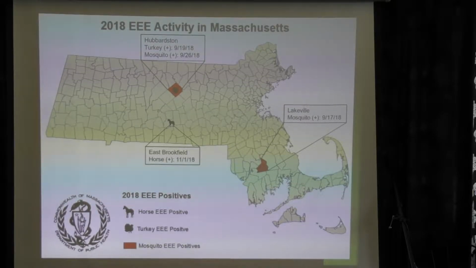That is the last time we did an aerial application of mosquito adulticide to knock them back because we were hitting really high levels of disease. But we really only have these four hits for Triple E: two mosquitoes, a horse in East Brookfield, and then a turkey in Hubbardston, the same place that the mosquito was. It's been like this since the drought hit a few years ago because those crypts really dried out.